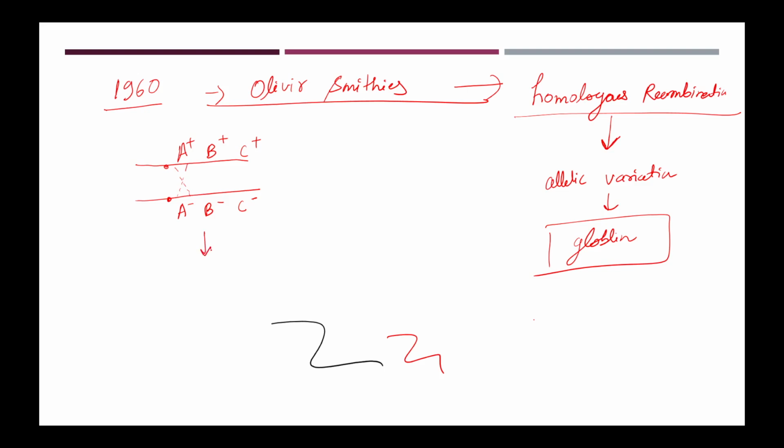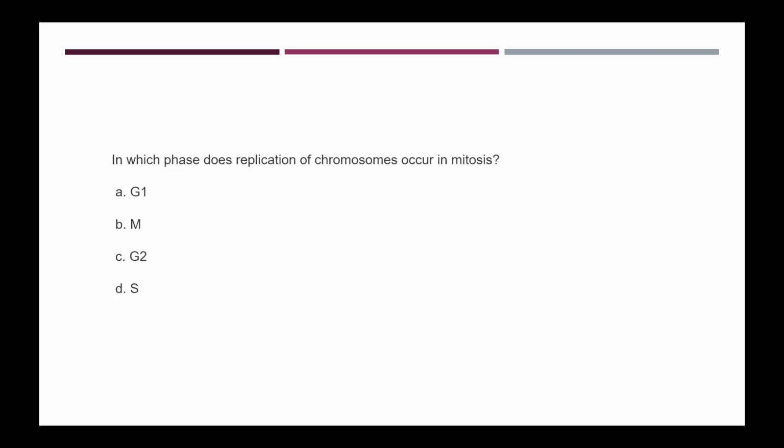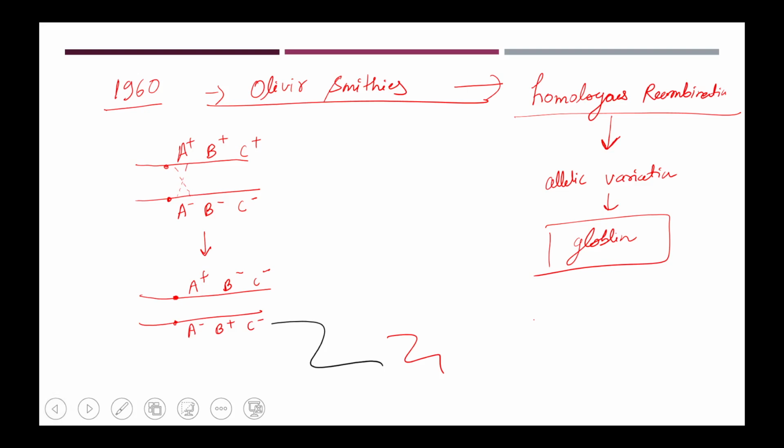Then it will lead to changes in the genetic information, so now the gene sequence will look something like this. This can be done via homologous recombination.